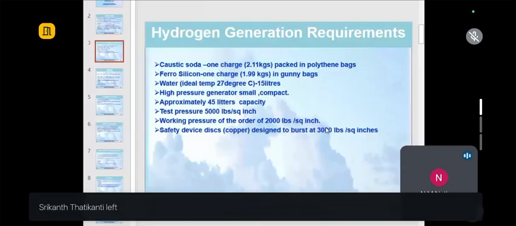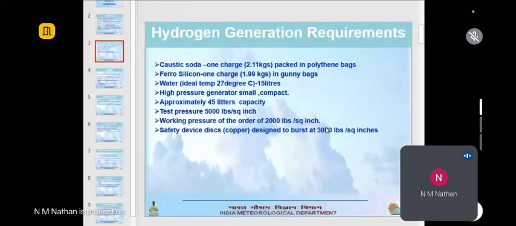And other details related to this cylinder: for example, the test pressure for the cylinder is 5,000 pounds per square inch, and the working pressure we are maintaining is 2,000. A safety disk is also there. Safety disk means we have a copper disk in the nozzle.